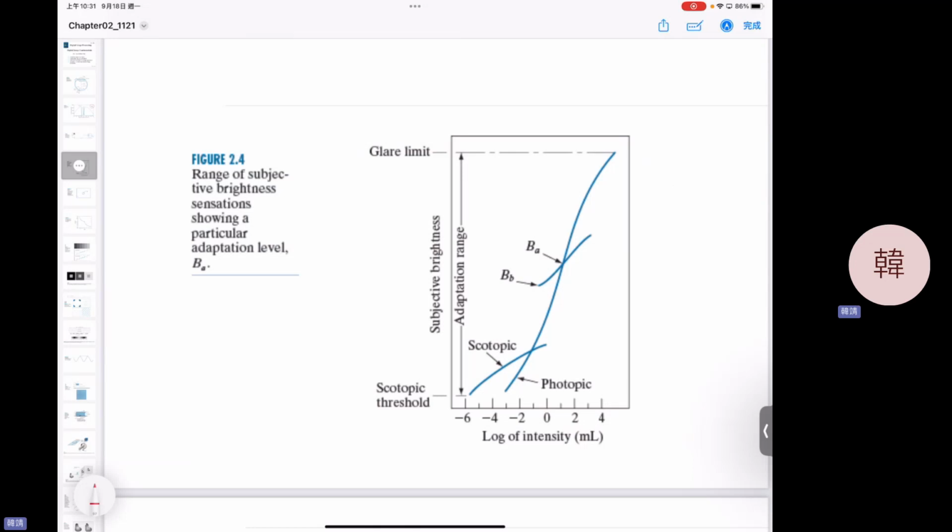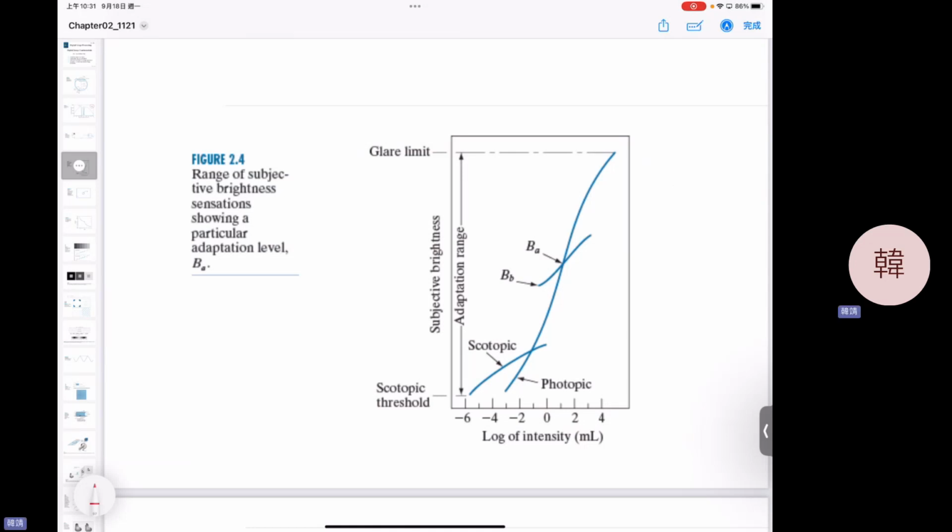So even for lighter or darker, you cannot make any difference of it. You cannot discriminate the lighter from the darker. Once you look at a specific intensity level, your dynamic range becomes limited to a certain range.